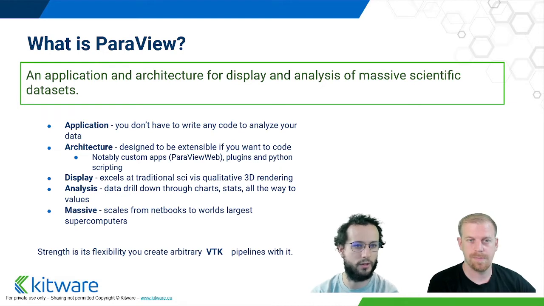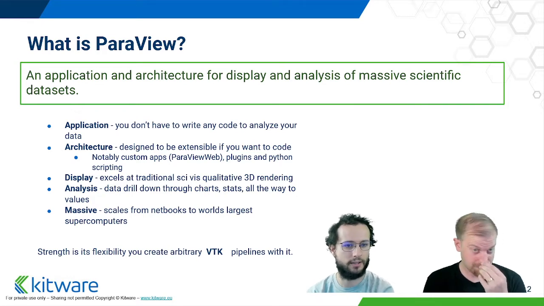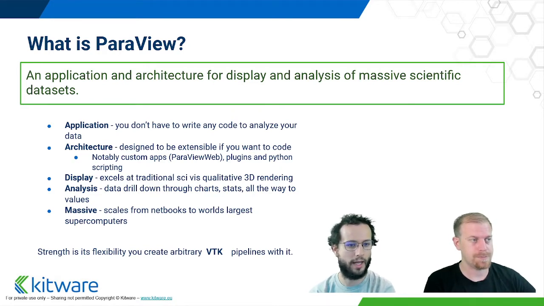You can do a lot of stuff with ParaView. It's really extensible with plugins, with custom apps, and so on. And it excels at display, so you can do some qualitative 3D rendering of your data to help you communicate and to help you understand your data.